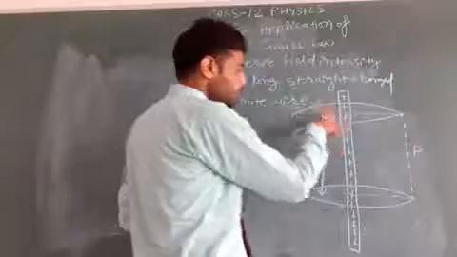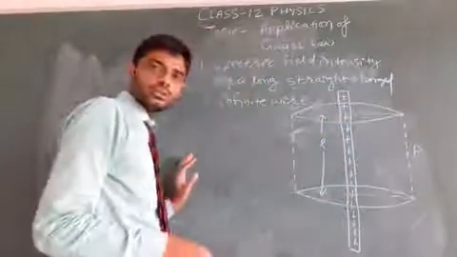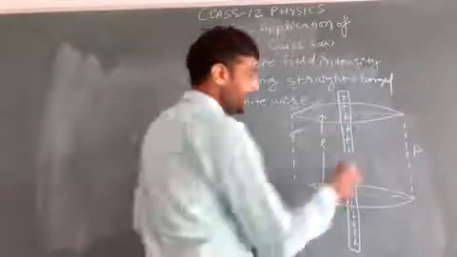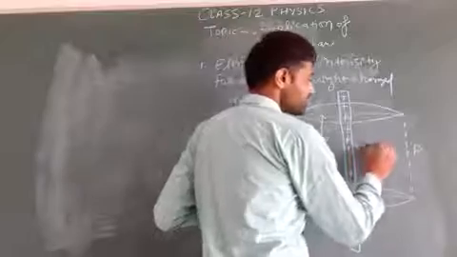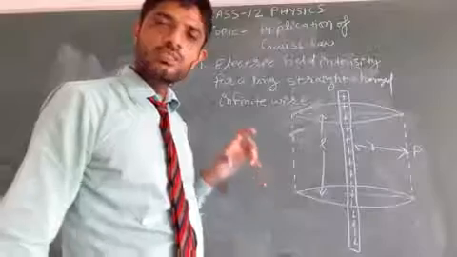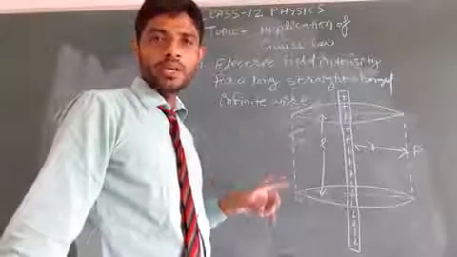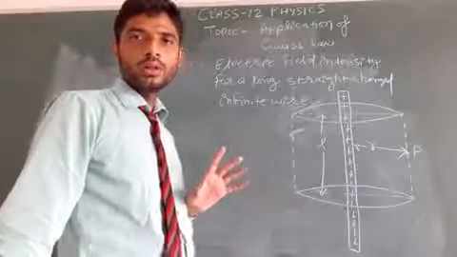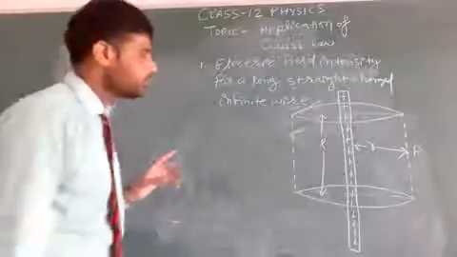The length of this Gaussian surface is L, and the radius is R. R is the distance of point P from the wire.